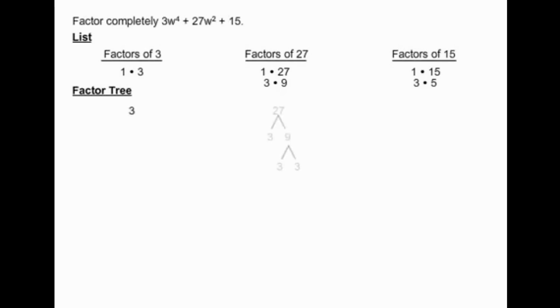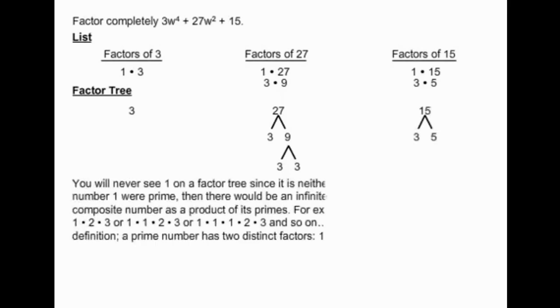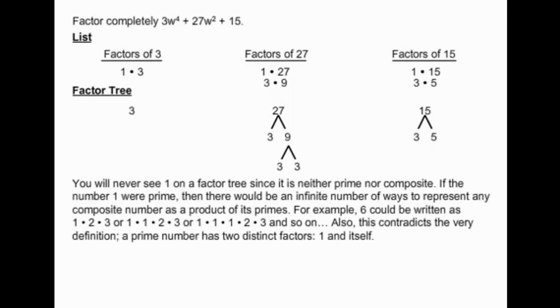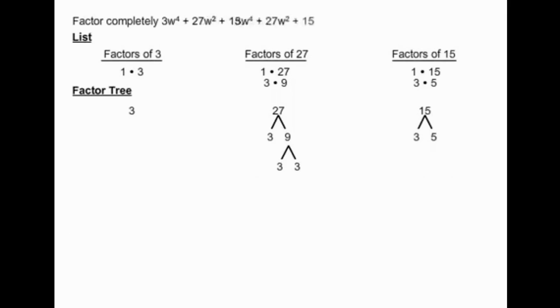The factor tree factors any composite number into its unique product of prime numbers. Notice that 1 is not included on the factor tree. The greatest factor that all 3 lists and all 3 factor trees have in common is 3. Therefore, a 3 should be factored out of each term. Write the GCF of 3 in front of the trinomial, then divide each term by it.